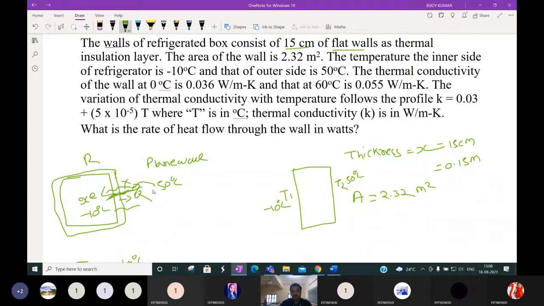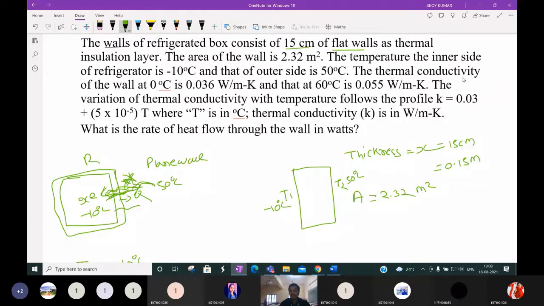The outside is at higher temperature, then what will happen? Heat will enter inside this box. When the heat enters, the ice temperature will increase and the ice will get melted. That we want to prevent. We want to prevent means we have to stop the heat transfer. How do we do it? This is the question.